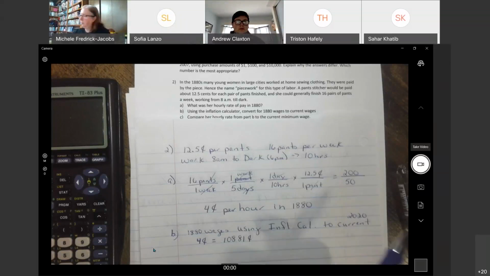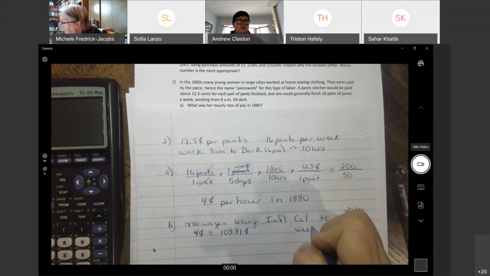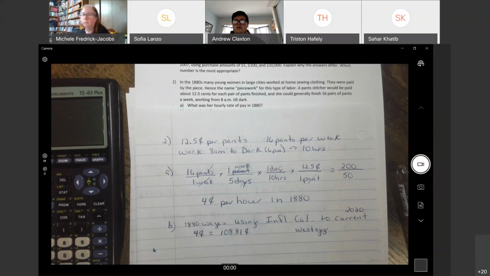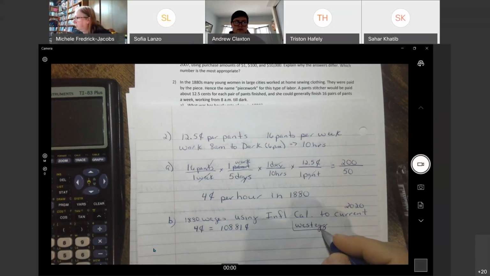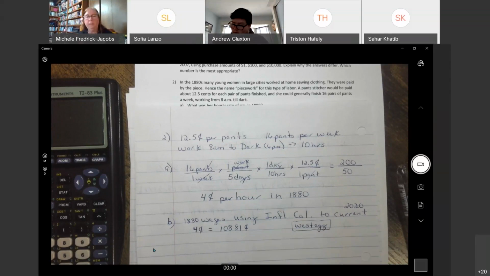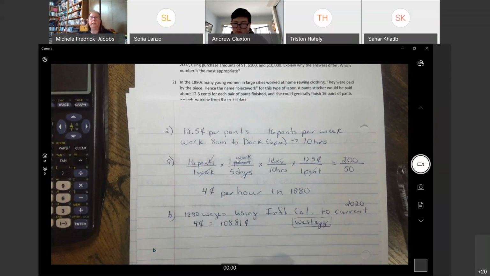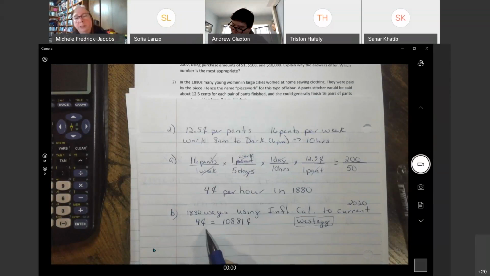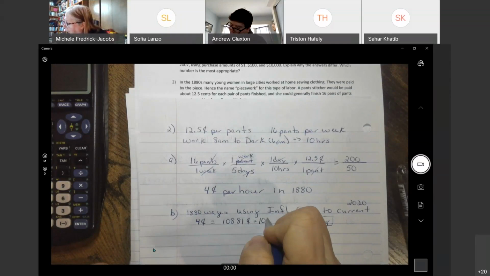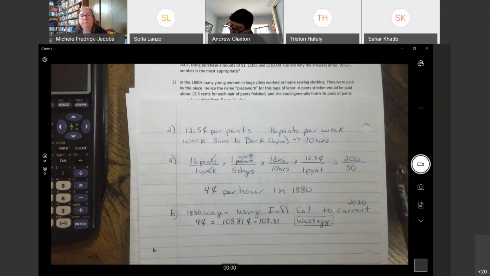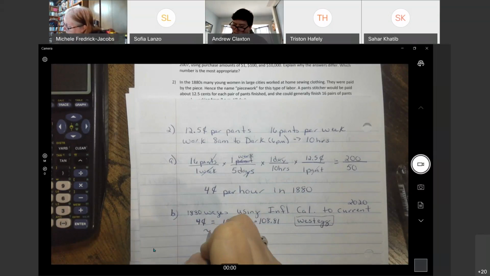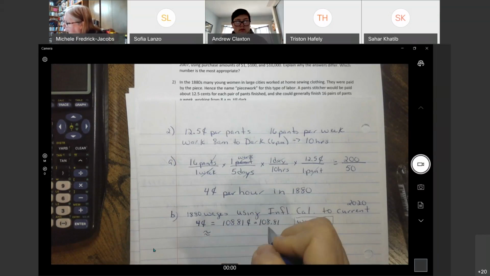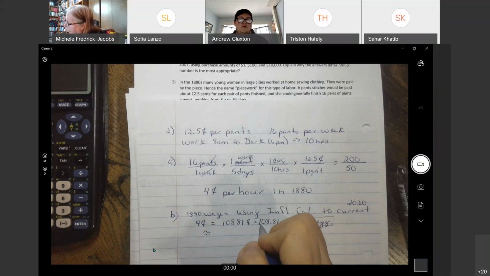So that calculator that I used was called West Egg. But you could have used a different one. It's just when I tried different ones, this one seemed to be the most user friendly. So it was 4 cents, which gave us this. Now, if we put this in dollars, 108.81. Oops, I don't know. My decimal should have been here.